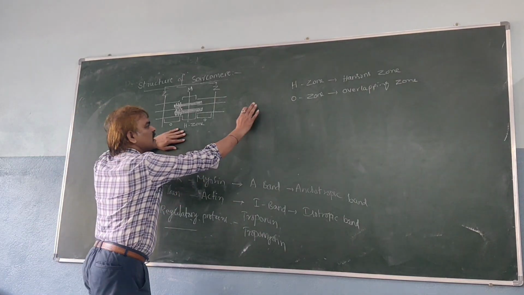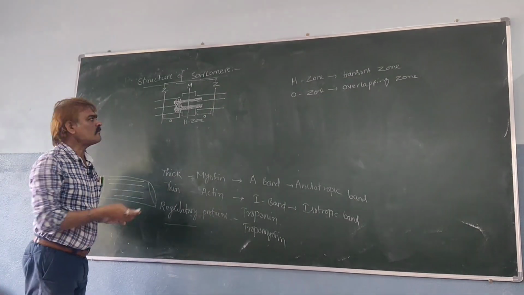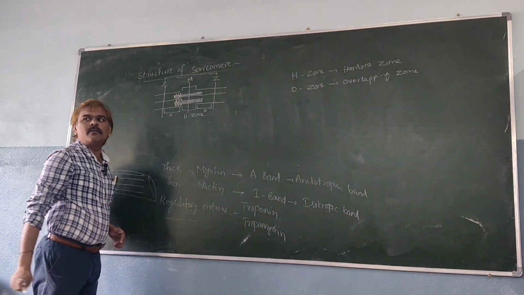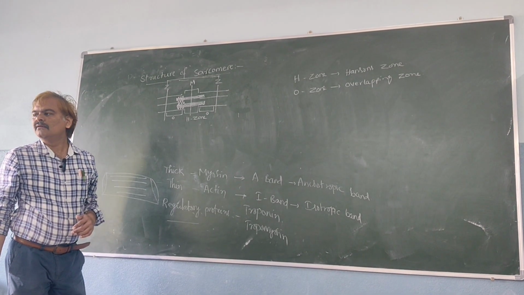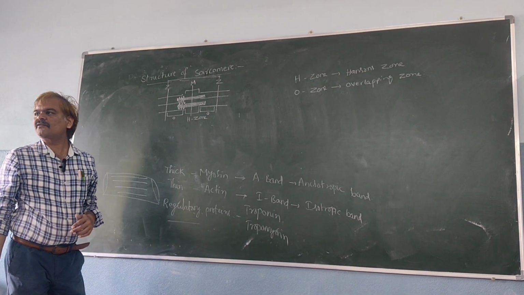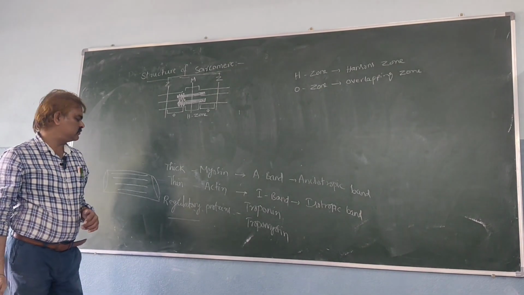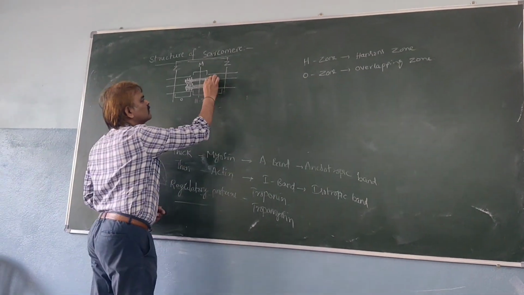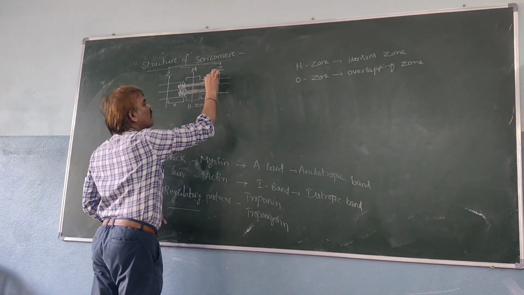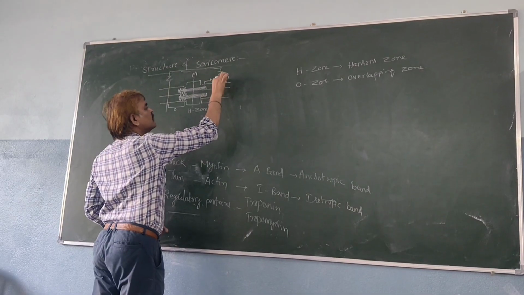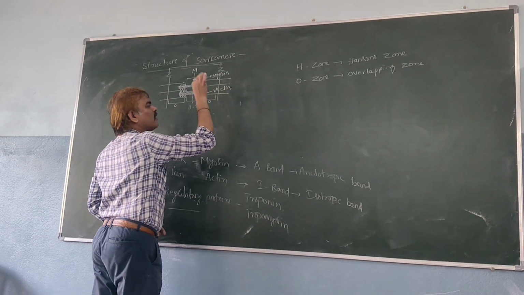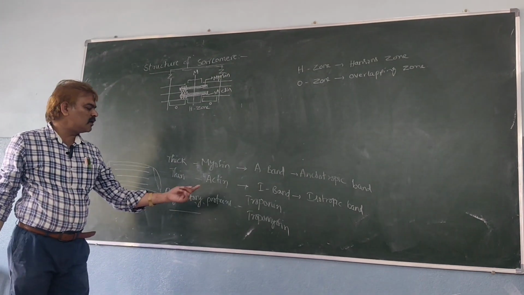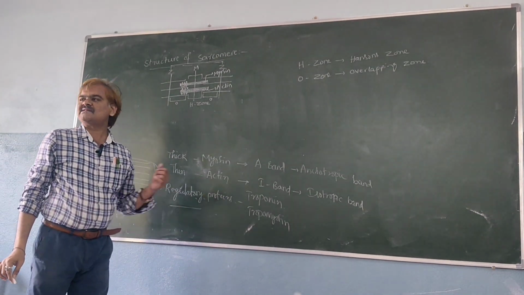Again here one more sarcomere will be present. So the thick band is formed with which protein? Which protein is responsible for the formation of the thick band? Myosin. The thin band is formed with actin and also the regulatory proteins called troponin and tropomyosin.